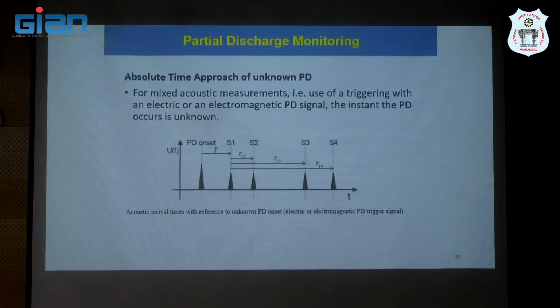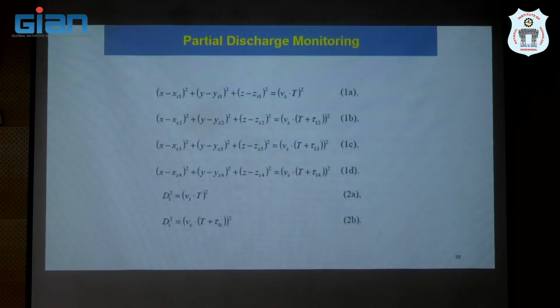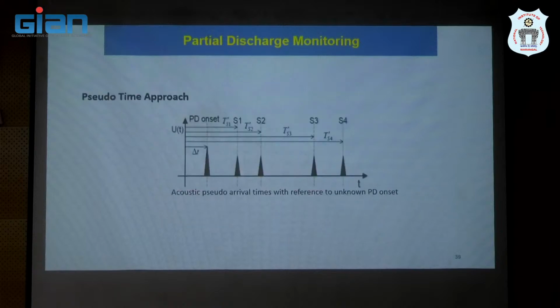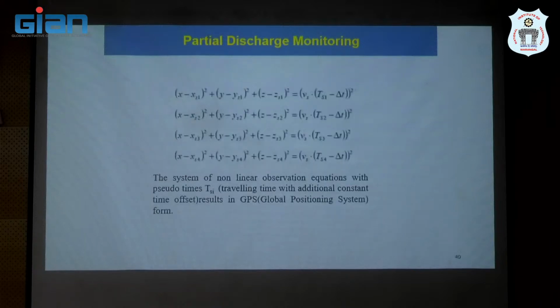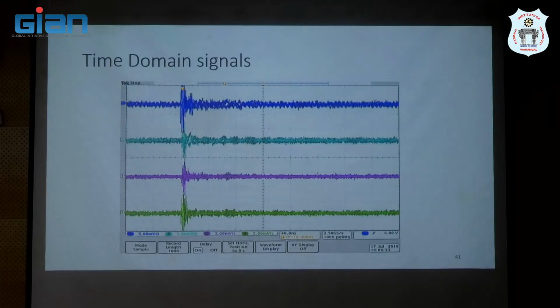So different approaches we can go with for the identification of the particular localized parameter. These are the different time domain signals we can get at a time, and we will try to find the arrival of those particular signals at particular positions.